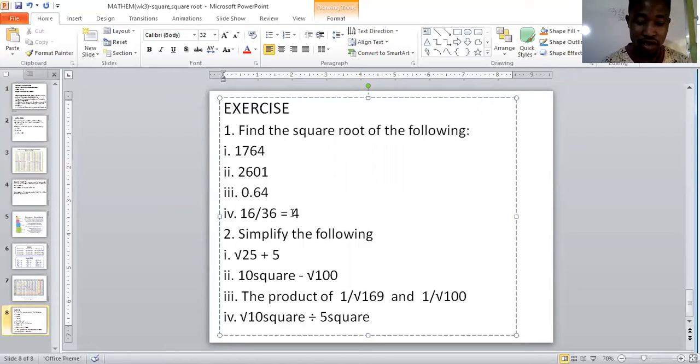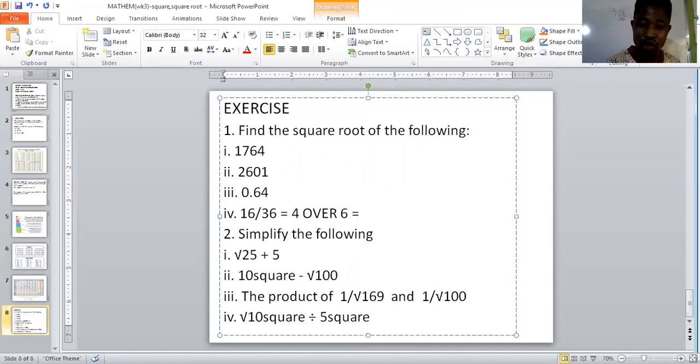Okay. Over, don't worry. It's supposed to be square root of 16 is 4 over 6.